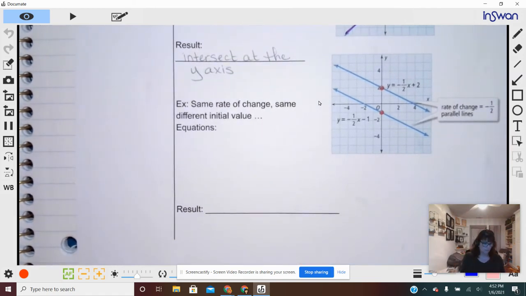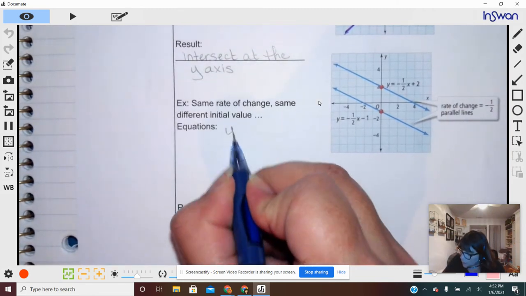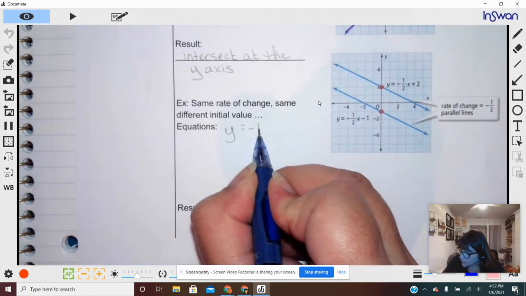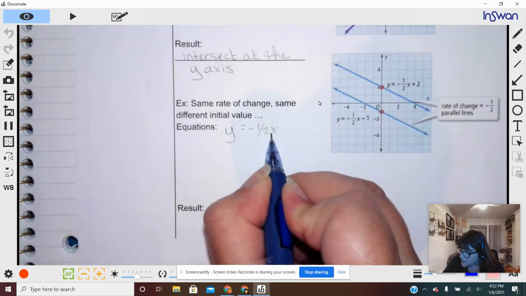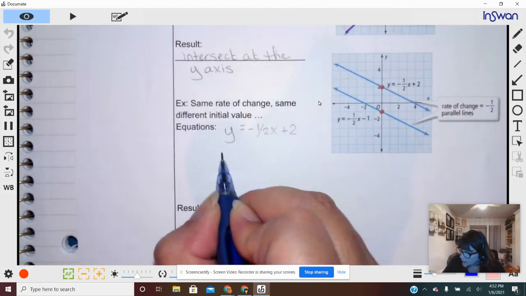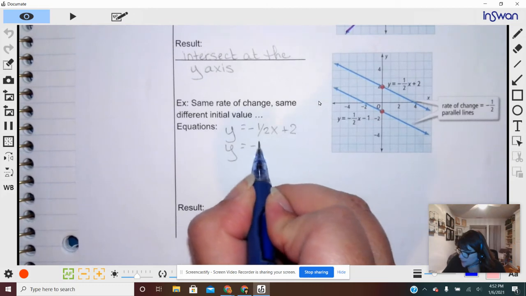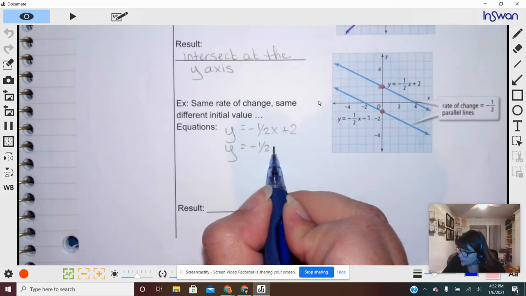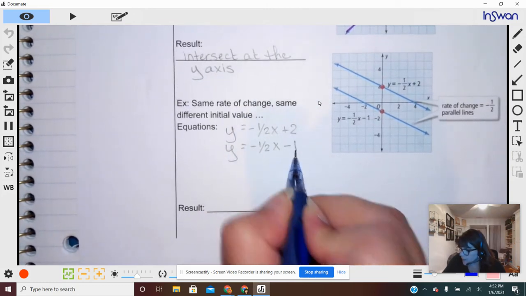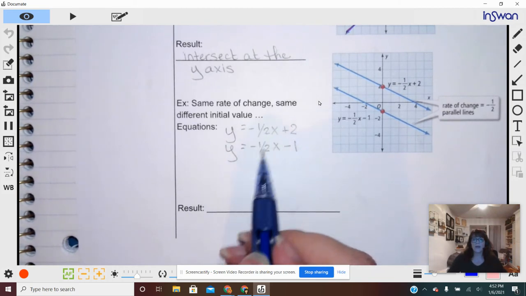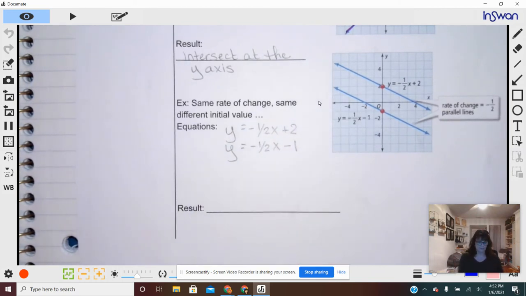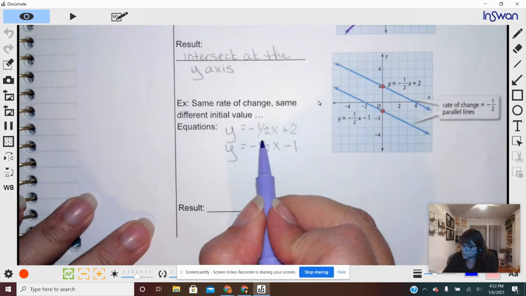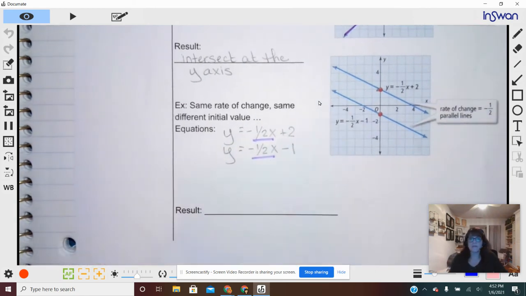Okay, again gives us two equations. Y equals negative 1/2 x plus 2, and y equals negative 1/2 x minus 1. On this one, we have the same slope. Same slope.